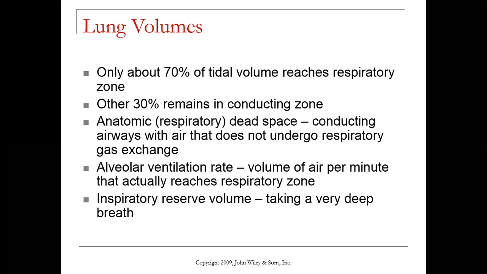Alveolar ventilation rate gives you an idea about the volume of air per minute that actually reaches the respiratory zone, and that is 350 ml out of 500 ml multiplied by 12. So this gives you an idea that about 4.5 liters of fresh air reaches the respiratory zone, and 1.5 liters doesn't.